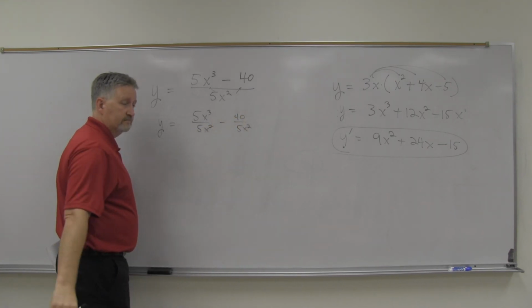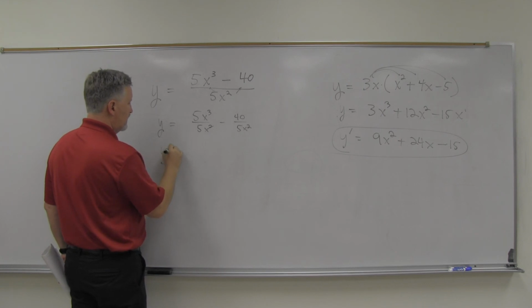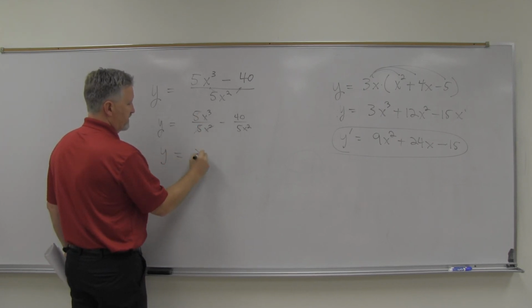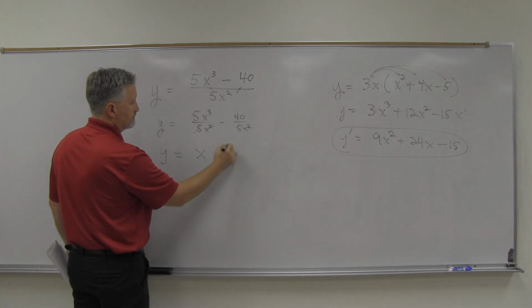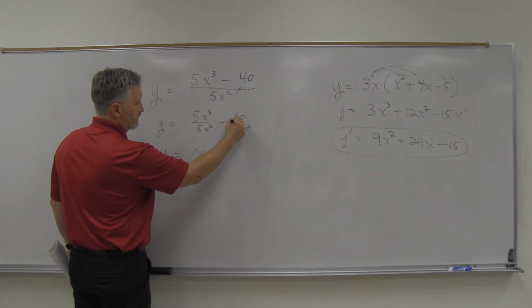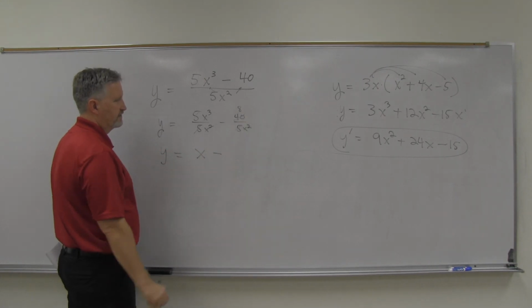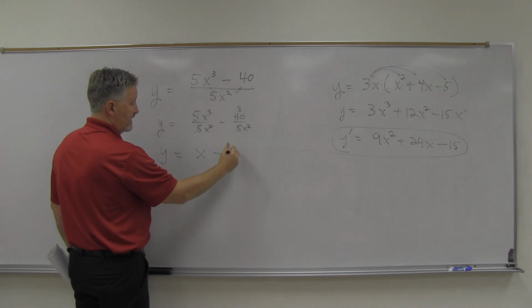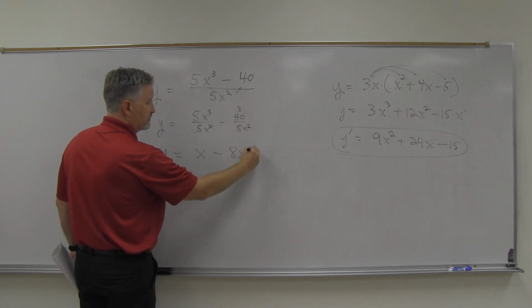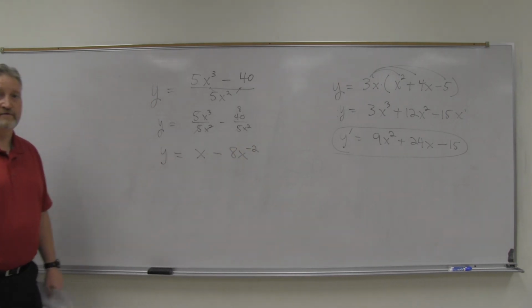I can do that and the 5's cancel. This would just be x, and then this would be minus, well, only the 5's cancel, so that would be 8 over x squared, which I could write as 8x to the minus 2. With me there?